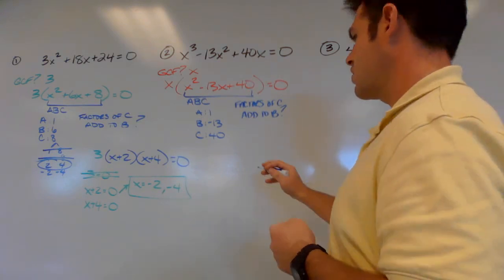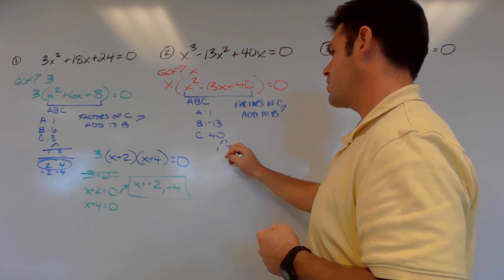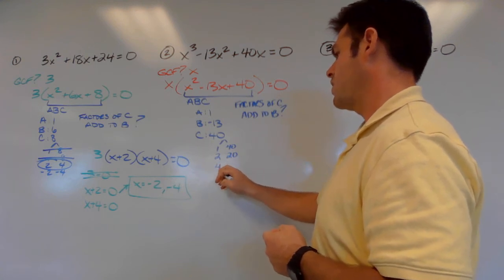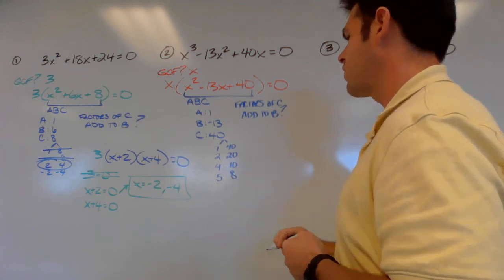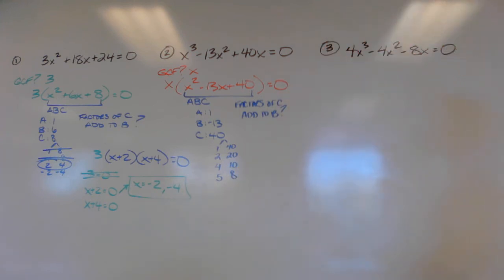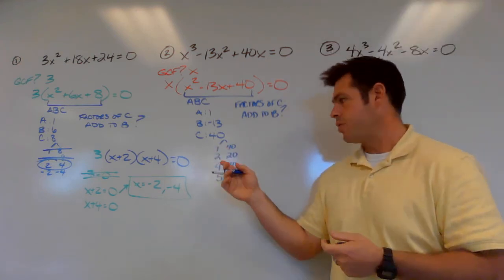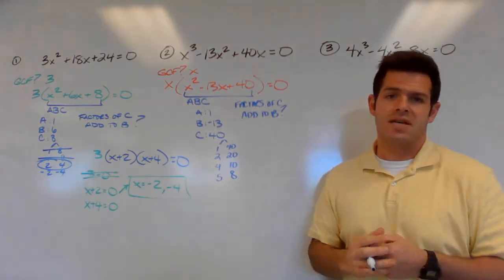So if we take a look at 40, sure, we have 1 and 40, and there's actually a lot here, 2 and 20, 4 and 10, 5 and 8, I believe that might be it. But if I add all those numbers up, try to see if they add to B, 1 plus 40 is 41, 2 plus 20 is 22, 4 plus 10 is 14, 5 plus 8 is 13.